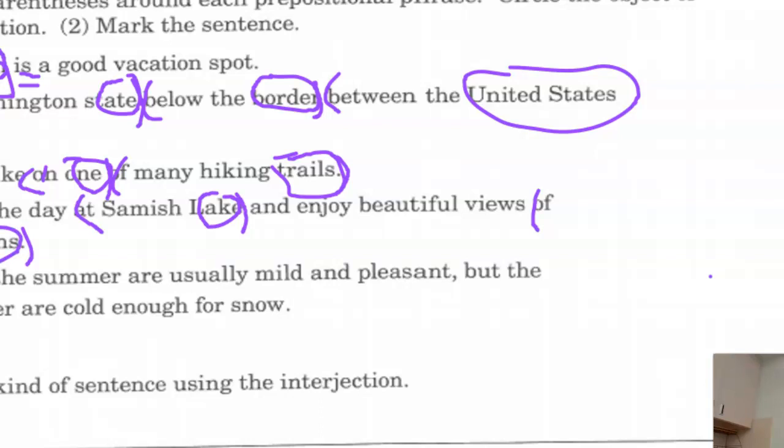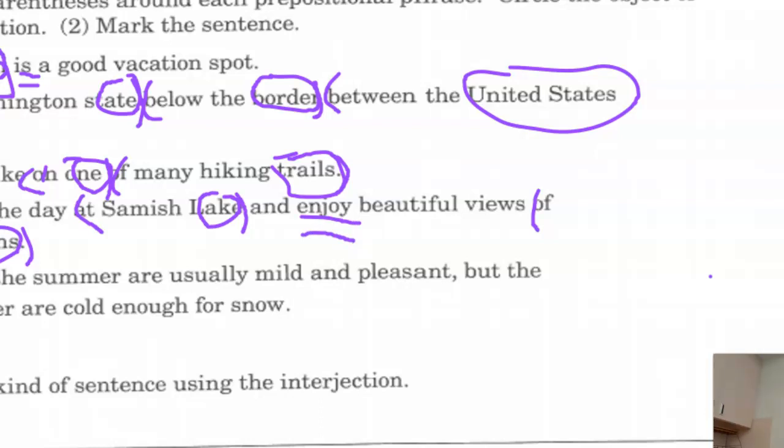Our subject is tourist, and tourist what? Tourist spend would be the verb, and they also enjoy.